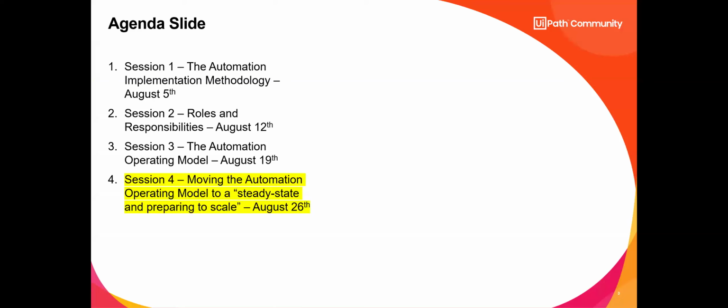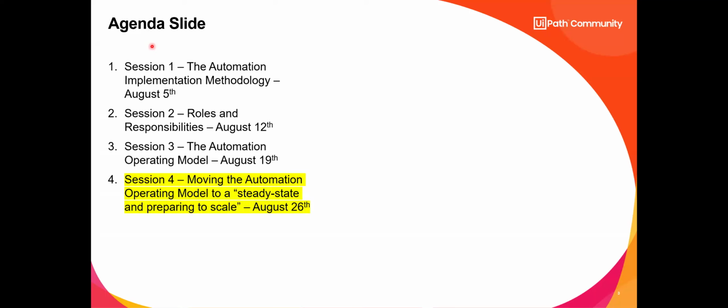If you remember the last couple of weeks, we talked about the automation implementation methodology and roles and responsibilities. Last week, we talked about the automation operating model. That's where we went into the core functions, supporting functions, and agile, how you approach it if you're doing predictive waterfall or adaptive agile or hybrid.